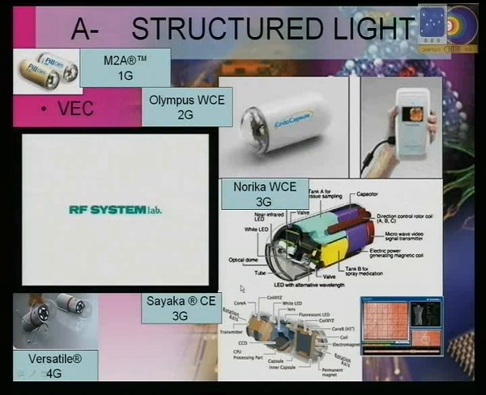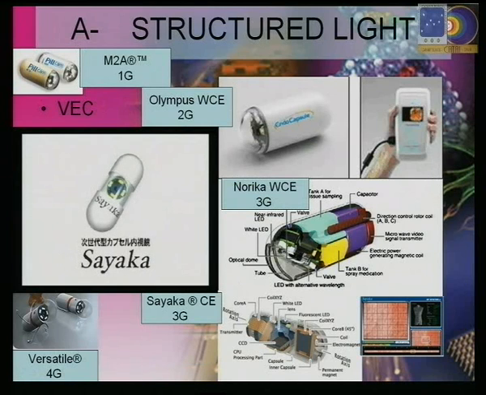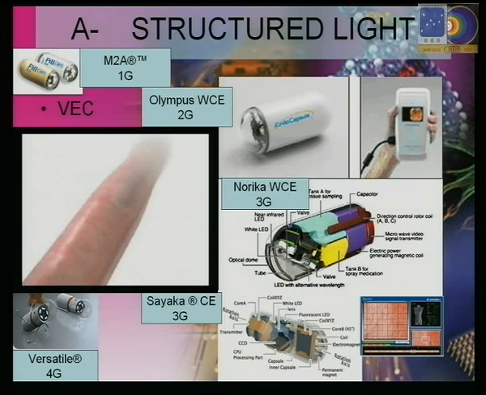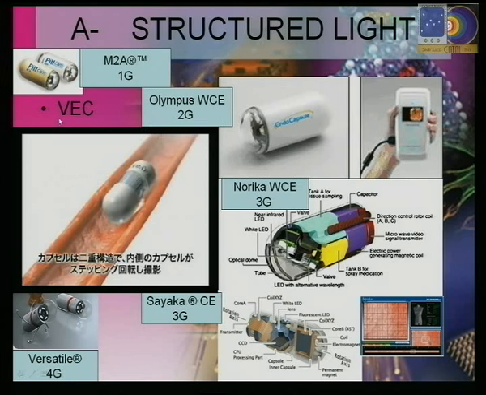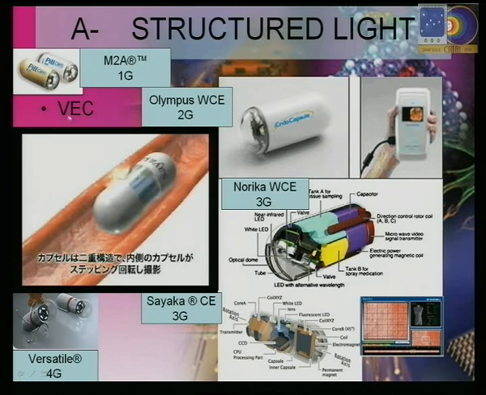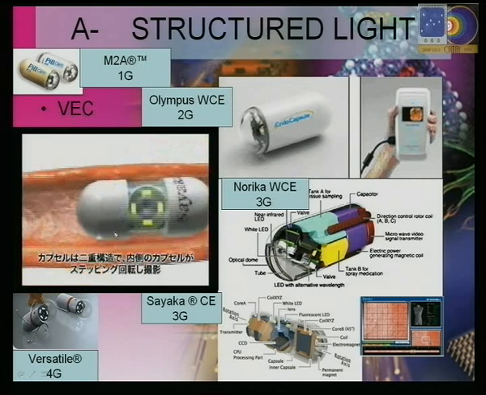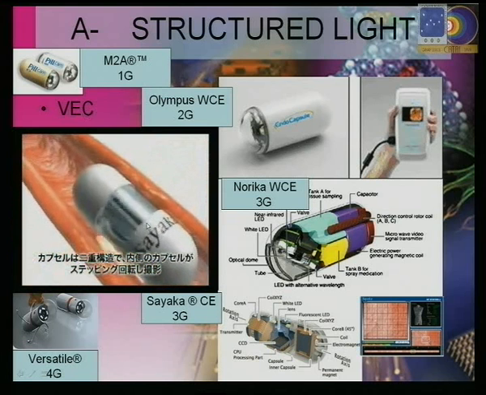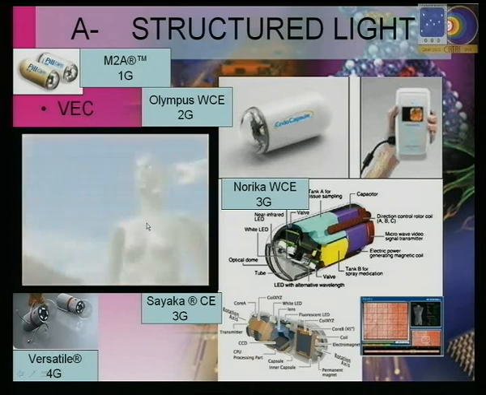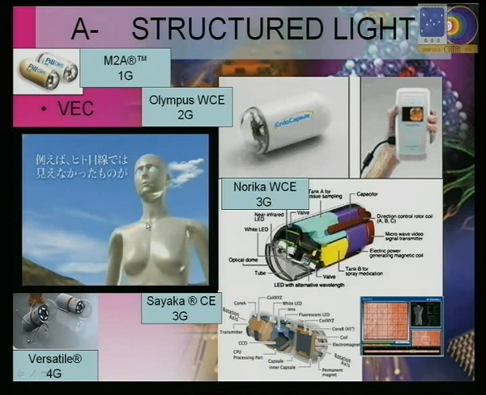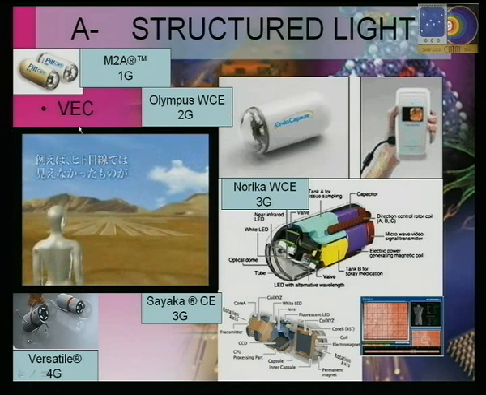Now we come to another type of structured light system for spectroscopy and real biopsy. And this is the video endoscopic capsule. This is a pill that you swallow, and it goes through the intestine, taking images from the intestine.